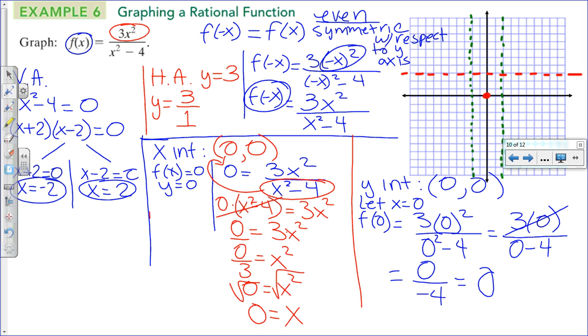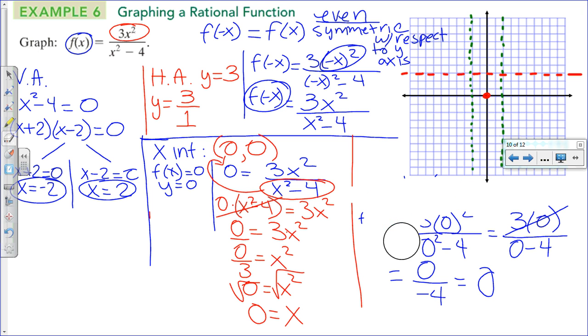Now, what we could do here is get more points by substituting numbers. So let's try 1 and positive 1. So I'm going to erase this to make more room.